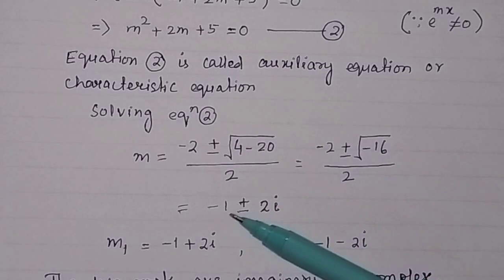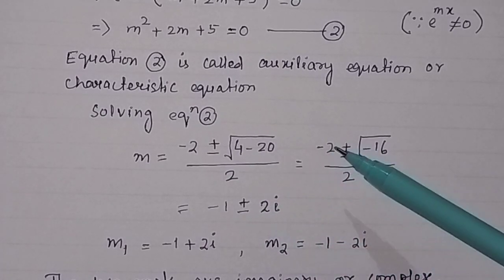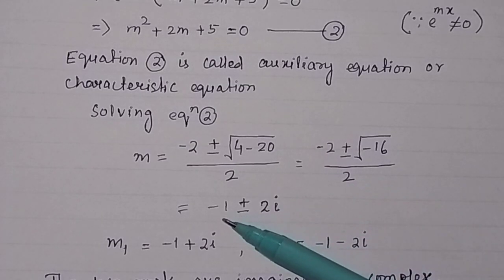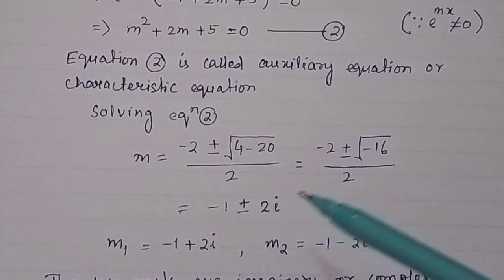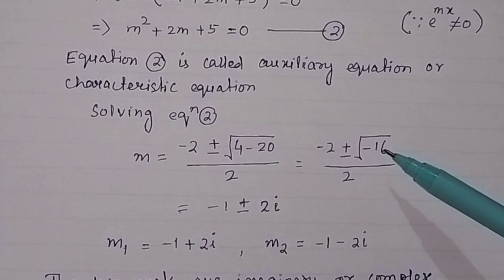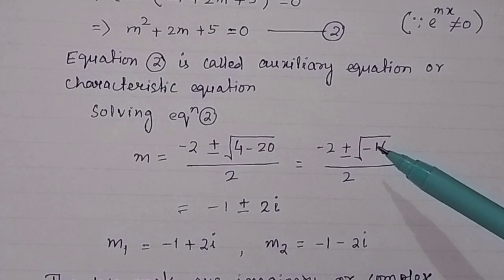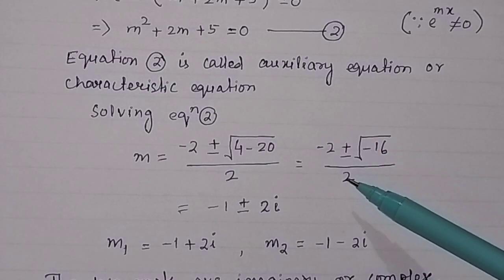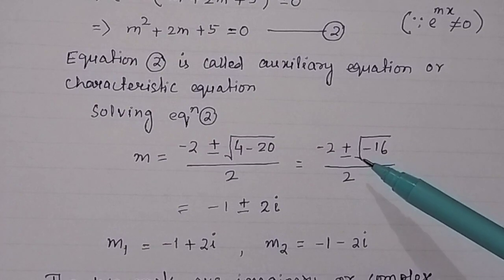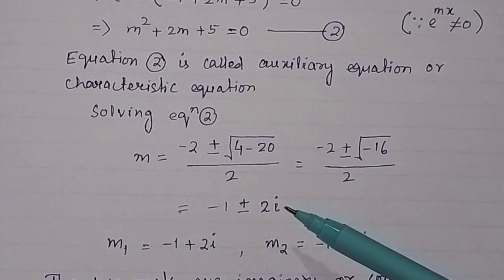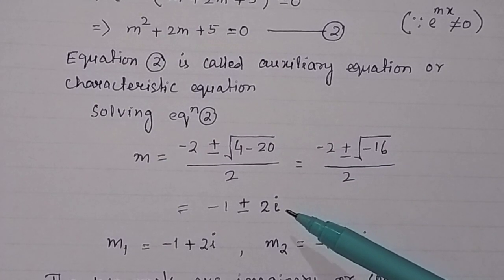So you have two roots. One is minus 2 divided by 2, that is minus 1, plus minus the square root of minus 16, which is 4 into 2. The square root of 4 is 2, the 2 cancels, so only 2 into the square root of minus 1, that is i.